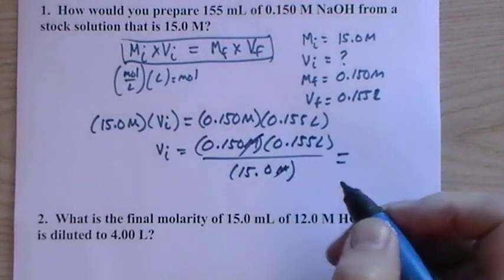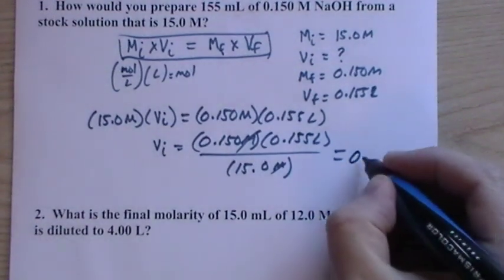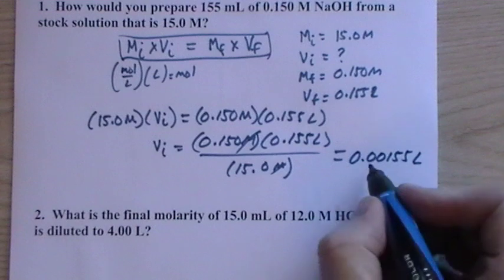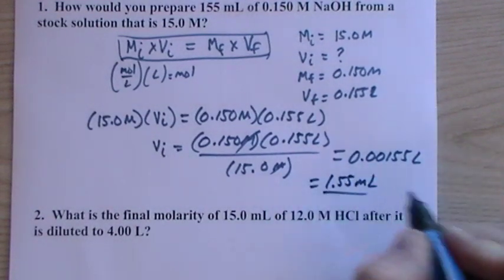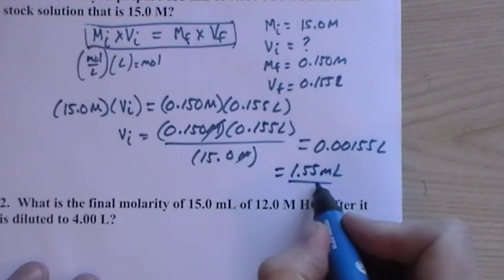See, the units of concentration cancel, and we end up with 0.00155 liters, or that's 1.55 mils. If we had left it in mils to begin with, we would have ended up with this answer.